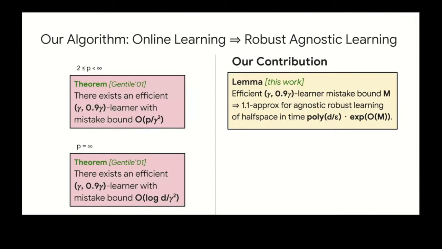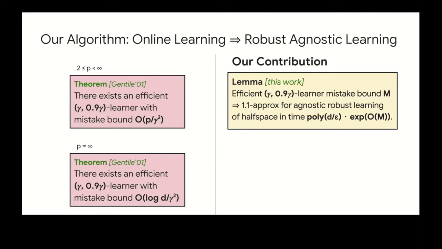Specifically, our lemma says that if you have a gamma and 0.9 gamma learner with mistake bound M, you can turn it into a 1.1 approximation for agnostic robust learning of half spaces, where the running time is exponential in M, where M is the mistake bound, the number of 0.9 gamma margin mistakes that the algorithm makes.